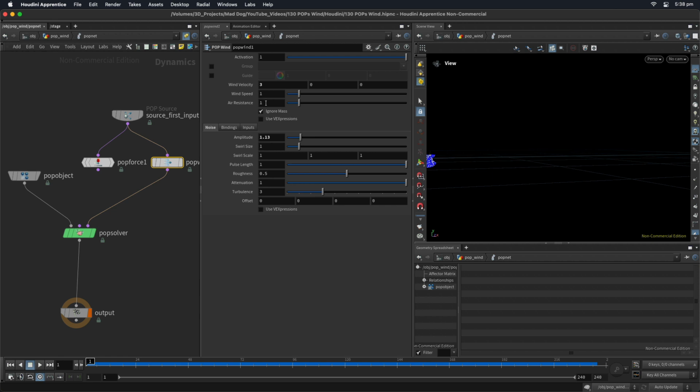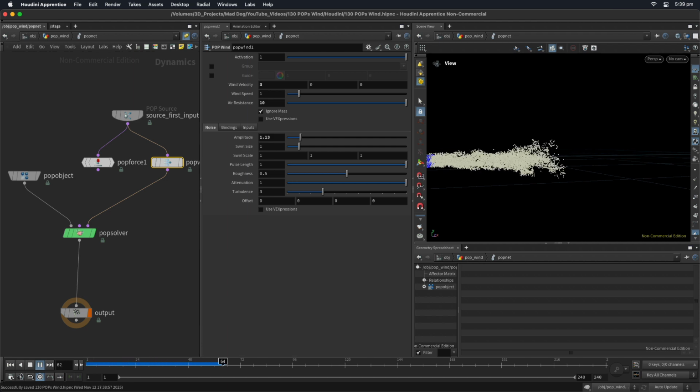But let me show you what happens if I increase this, right? I think there's going to be more resistance, right? And yet there isn't really. Okay, I'm going to make this maybe a bit more Mr. Speedy. Let me see on that. Okay, so there doesn't seem to be a whole lot of resistance going on there, but if I decrease this to a really low number, now it goes more slowly.